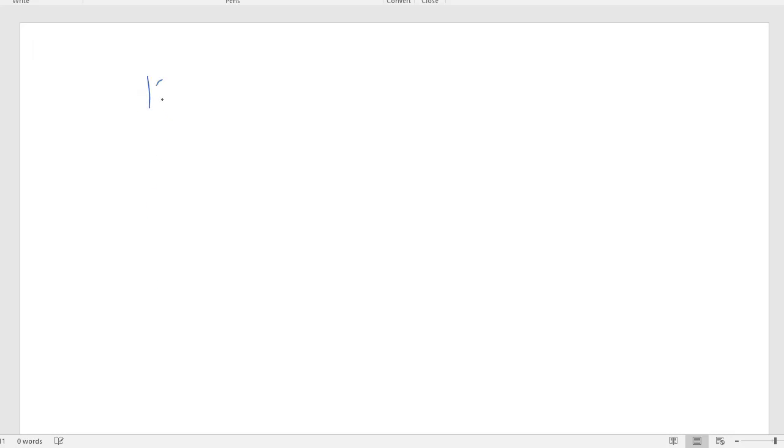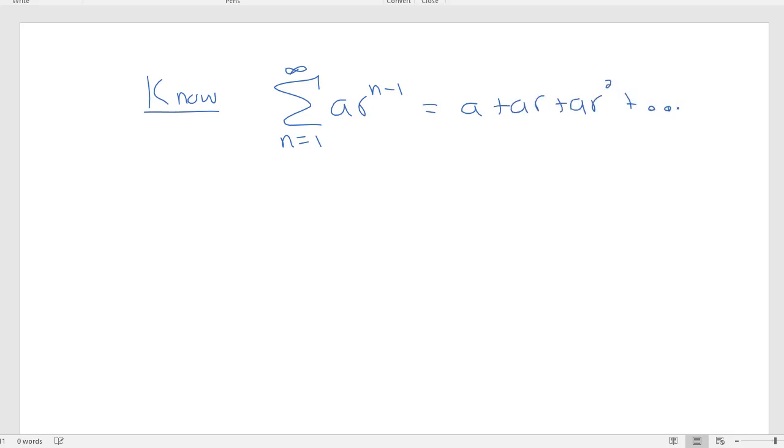We know from prior videos that the geometric series, the sum of a r to the n minus 1, which is a plus ar plus ar squared, was how we wrote that out, converges when the common ratio in absolute value is less than 1.